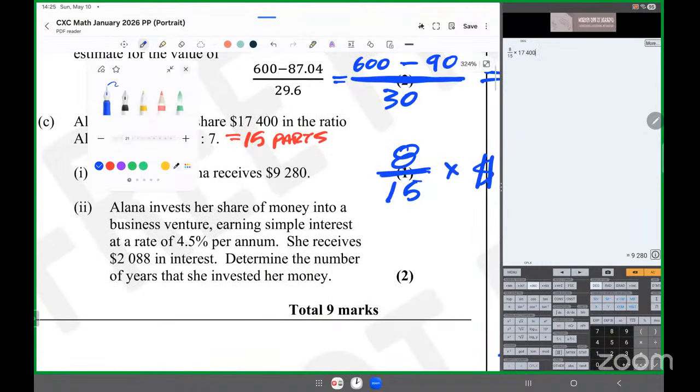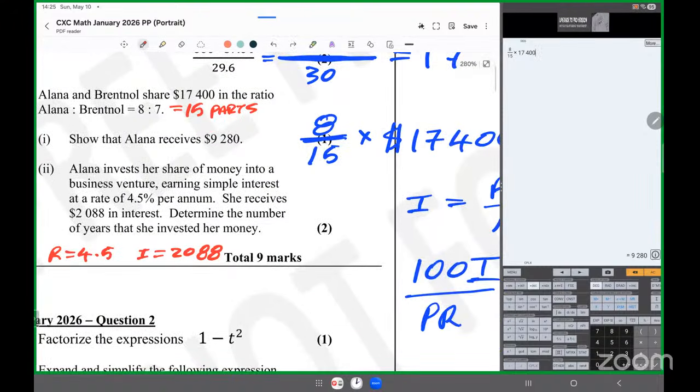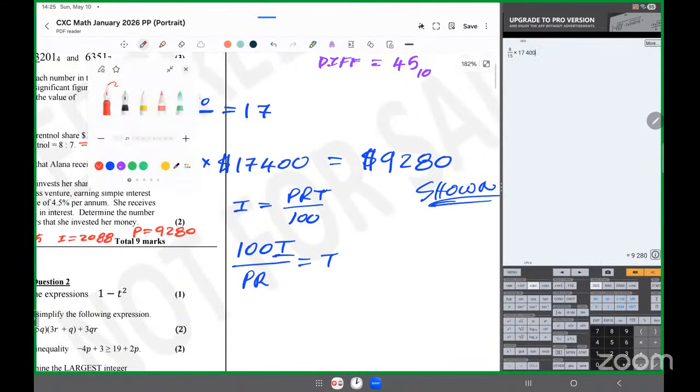So based on this question, let's write them out. The rate is 4.5, so the R is 4.5. The interest is 2088, the I is 2088. And the principal is the amount you invested, the 9280 share. So those are the figures I put into this calculation.